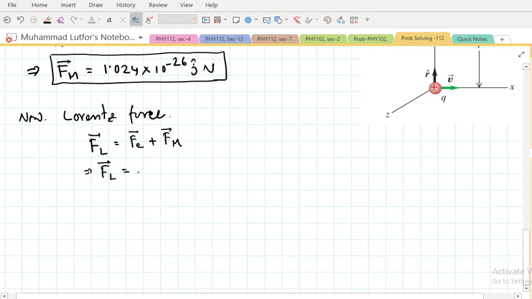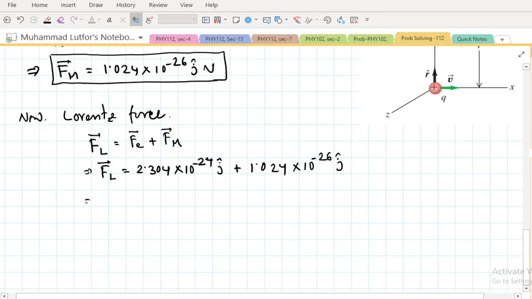The electrostatic force is 2.304 into 10 to the power minus 24 j hat, plus the magnetic force, which is 1.024 into 10 to the power minus 26 j hat.